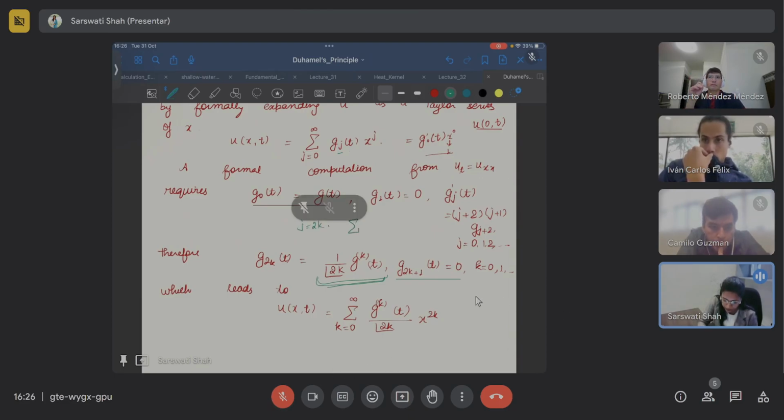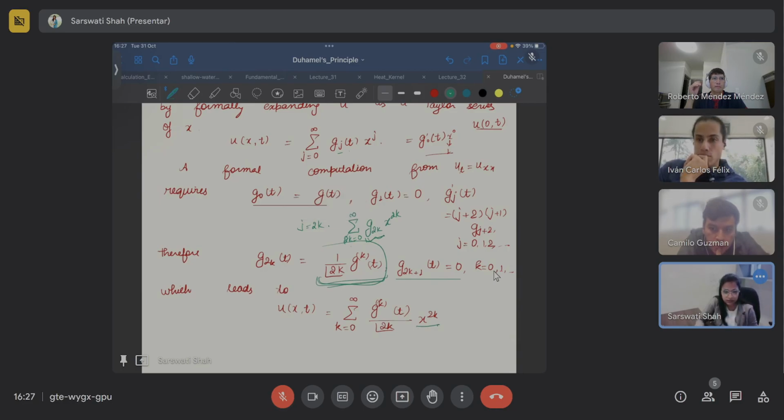So it will be the summation of g_{2k} x to the power 2k, and this 2 is not going to matter, k equals 0 to infinity, and we have the value of g_{2k} as this g to the power k (t), and because of that x to the power 2k will be coming. Is it okay? Still you have doubt? Roberto? Okay.